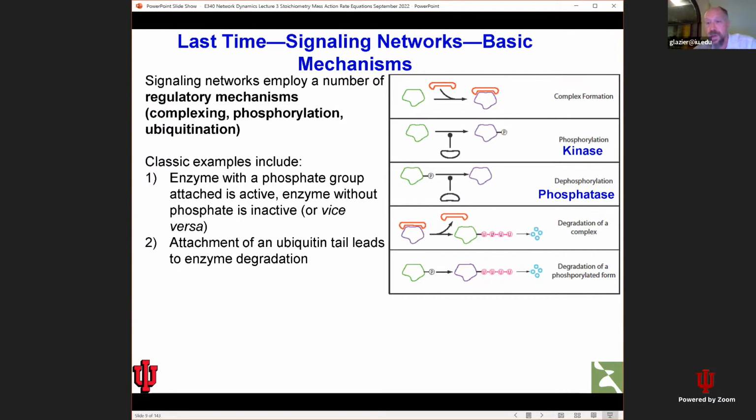And one of the things that I think this textbook of Herbert's is not as strong at is motifs. And I think several people noted that Herbert's textbook didn't have the level of detail on motif analysis that, for example, Uri Alon's textbook would have. And so if people have examples of particular circuits that they'd like to see worked up in class and analyzed, I'd be happy to do that.